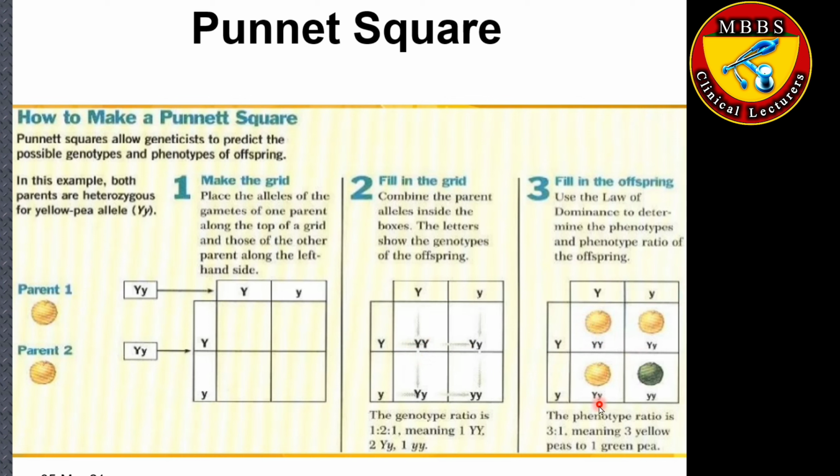When it is heterozygous, the dominant character will be expressed. The dominant is yellow, so these are yellow seeds. But when both are recessive, the recessive character will be expressed phenotypically, so you get the green seed. So the phenotype ratio is 3:1. It means 3 yellow peas and 1 green pea.